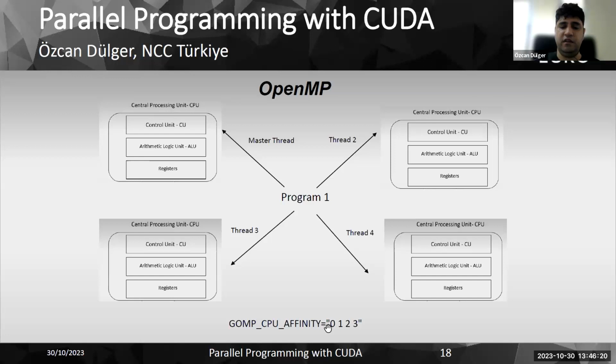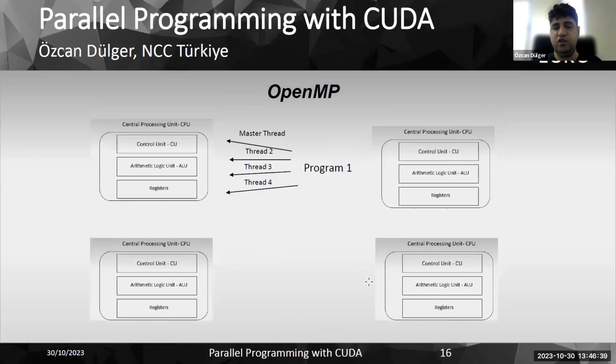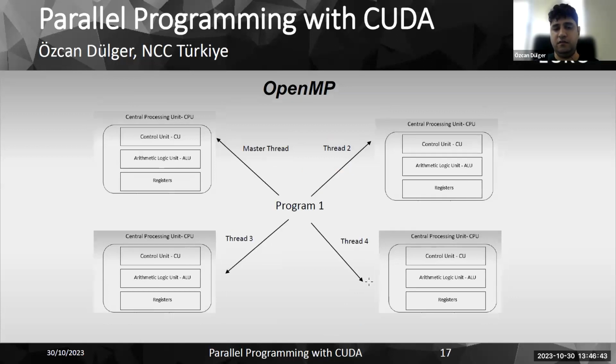So if we set their indices in this variable, all of them will be active and the threads are distributed to these cores evenly. So this environment variable is important. Otherwise, all of the threads are executed on a single core.